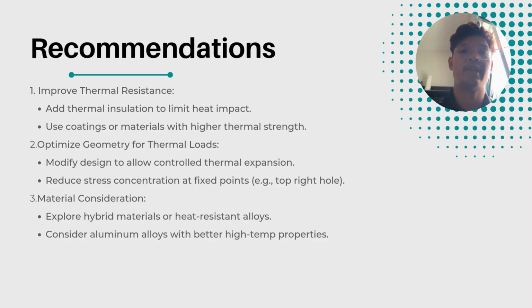Second, we optimize the geometry for the thermal loads, modifying the design to allow controlled thermal expansion by reducing the concentration at the support. Third is thermal material consideration, where we explore more hybrid materials or heat resistant alloys. Also, we consider aluminum alloys with better high temperature properties.